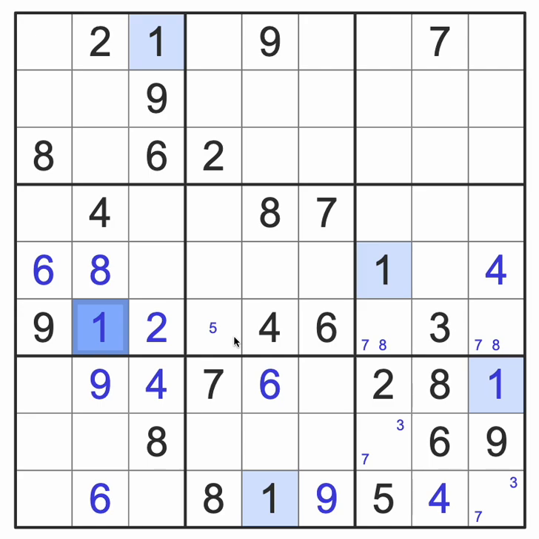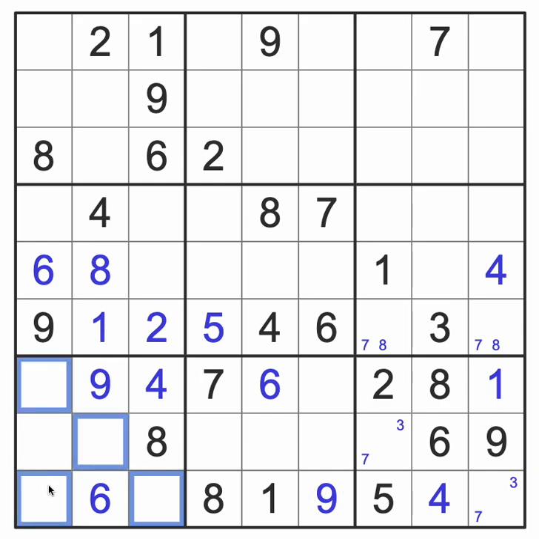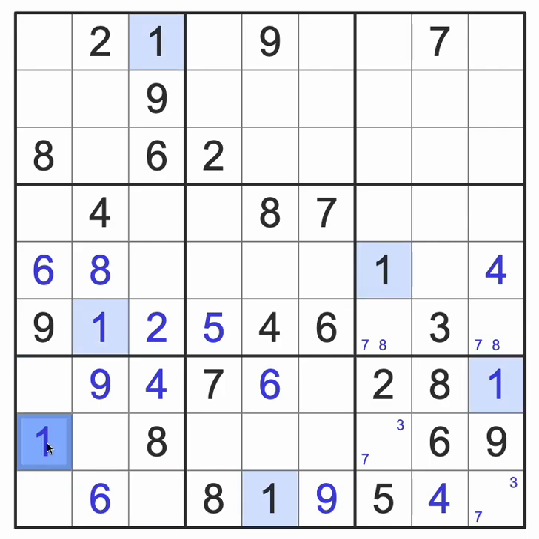That gives me 1 here, and that gives me 5 here. And this 1 blocks here, this 1 blocks these, gives me 1 here. Oh, and this 7 blocks these 2 cells, gives me 7 here. And these are 3 and 5.